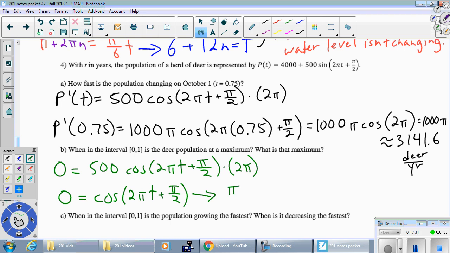So pi over 2 is one of them, is equal to the angle. And then the other one is 3 pi over 2.